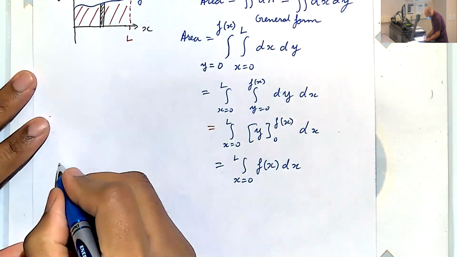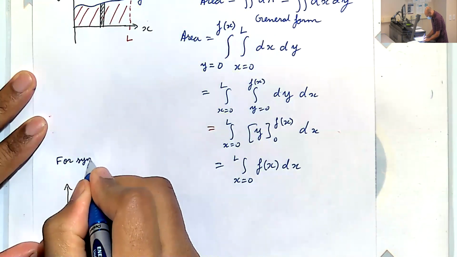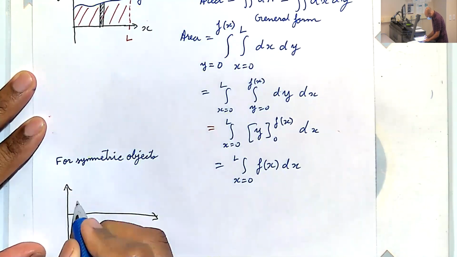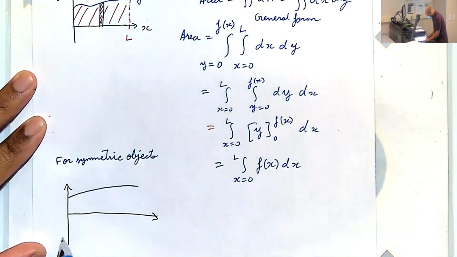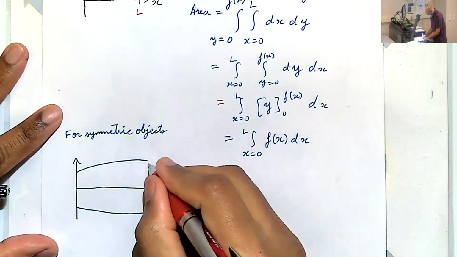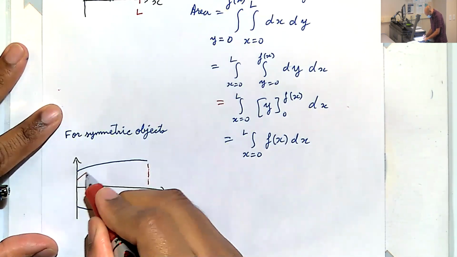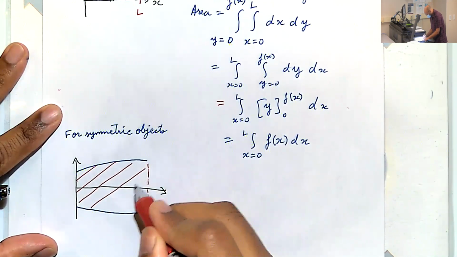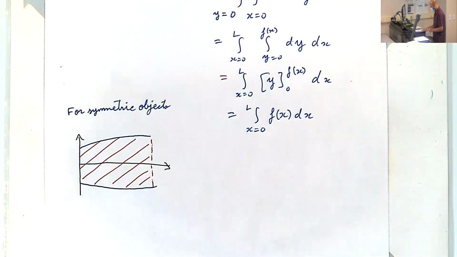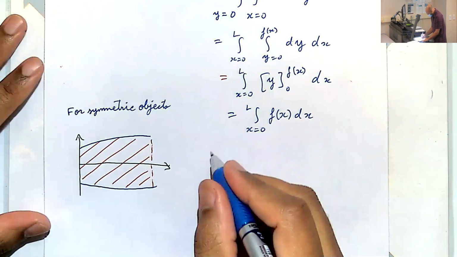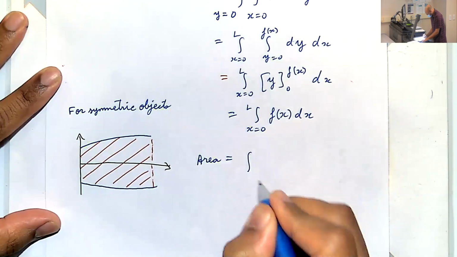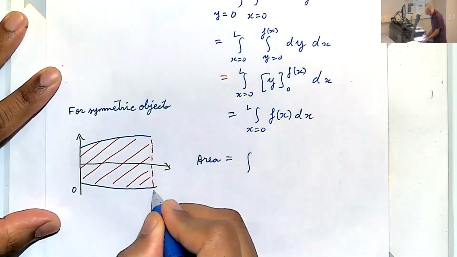So for symmetric objects, we do the same exact thing. Area is integral x goes from 0 to L.